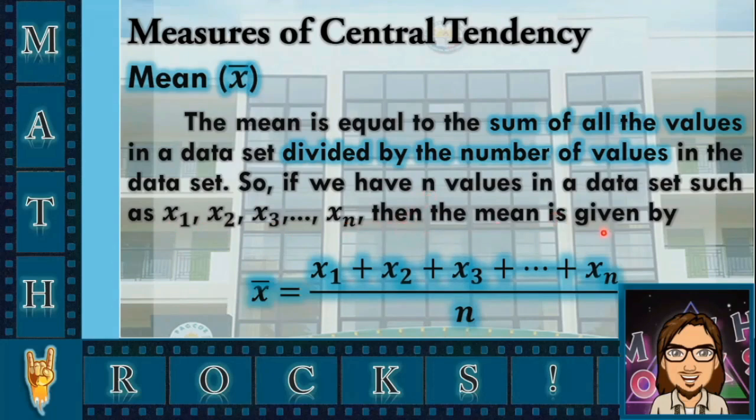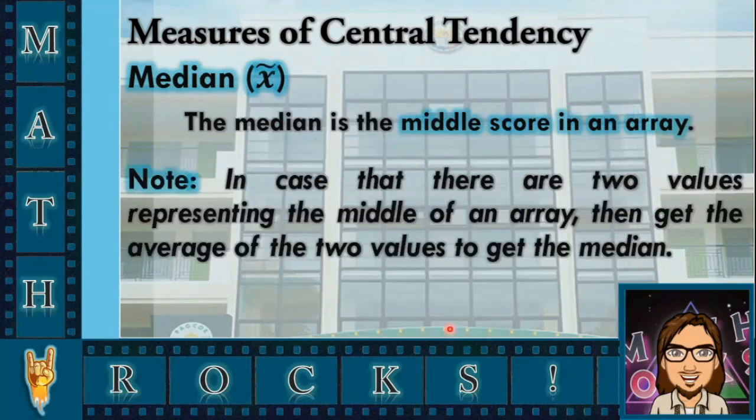Then the mean is given by the formula x bar equals x sub 1 plus x sub 2 plus x sub 3 until we reach x sub n, all divided by n. Anyway, we will have an example for these three measures of central tendency after we have defined all of them. Now, let us proceed with the definition of the median.